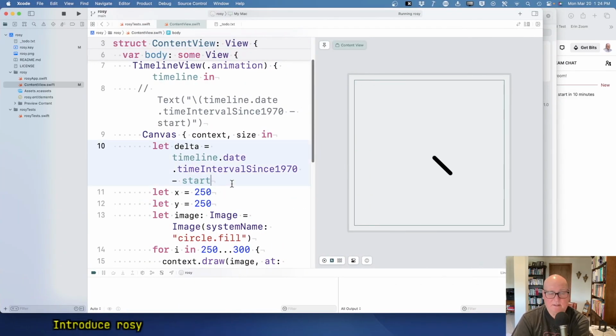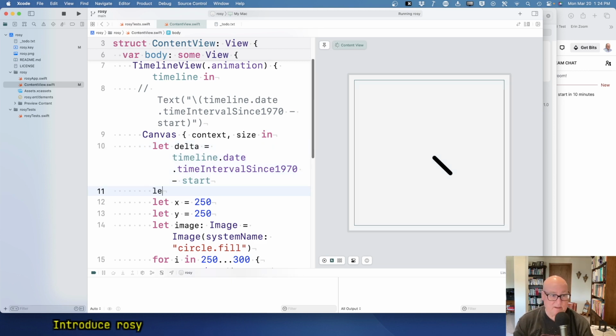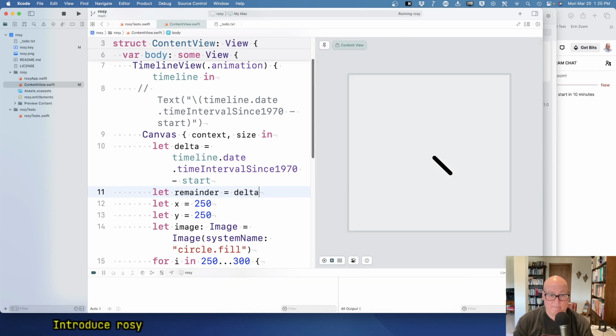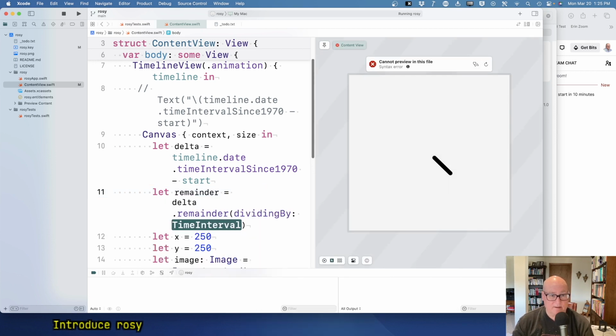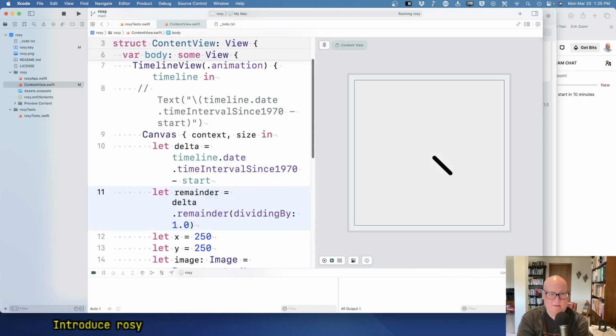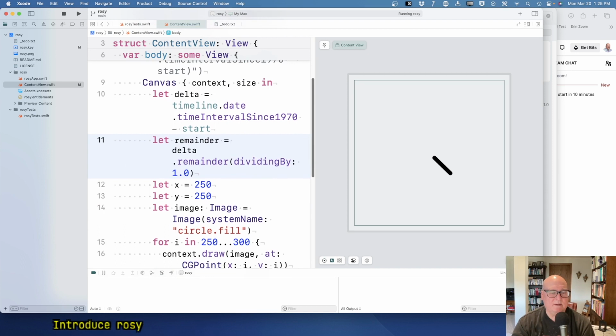Okay. Right. Let's see. So what I'm trying to do is get this into 0 to 1s because those are the proportions I want. So okay, let remainder equal delta dot remainder dividing by, is this going to work? 1.0? Kind of don't think so. Oh, are we okay? All right.